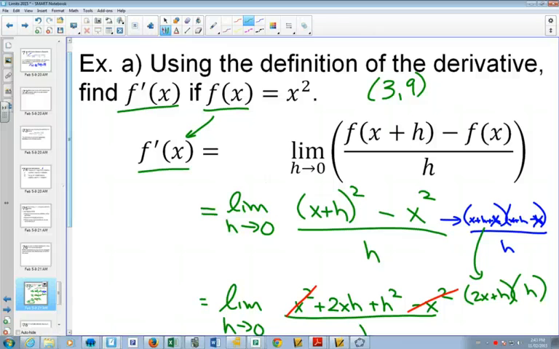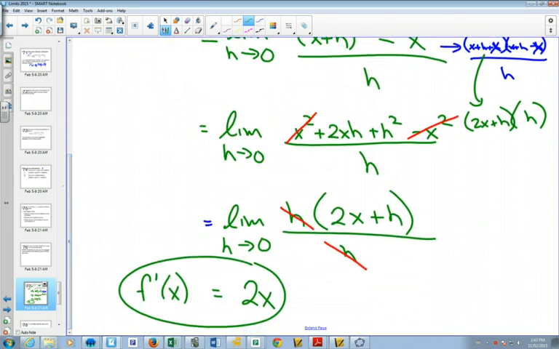What's the slope at the point 3 comma 9? You would do this whole thing similar, but instead of x, you would write 3. And we did that right at the beginning. Now, since we did it with x all the way through, well, we could plug in 3 here at the end, and the slope should be 6.